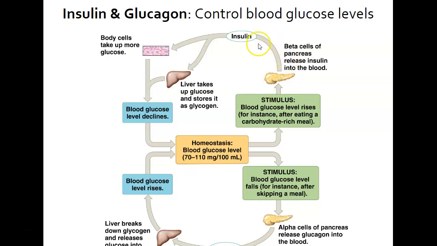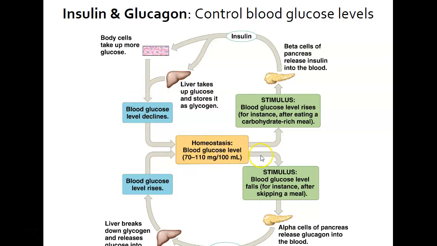That insulin hormone causes your body cells to take up more glucose to clear it away. And those liver cells take up and store it as glycogen that can later be broken down if needed. And because you're removing the glucose, your blood glucose levels go down back to the set point.